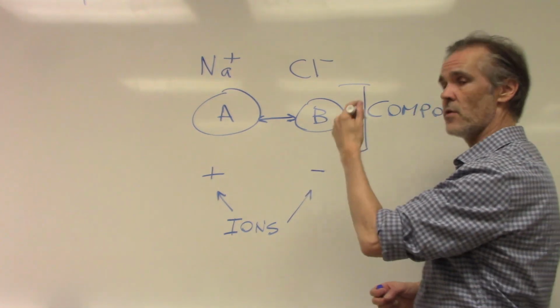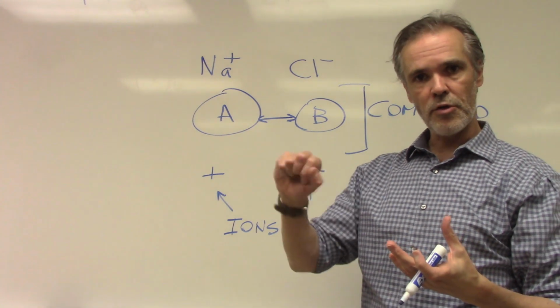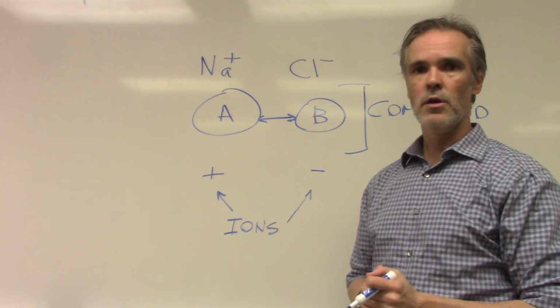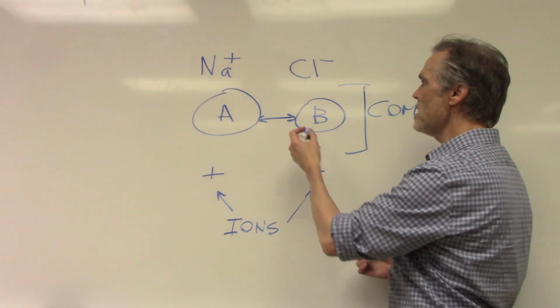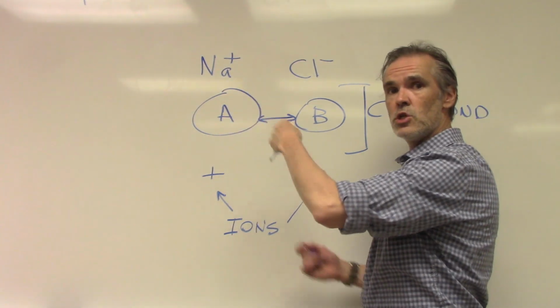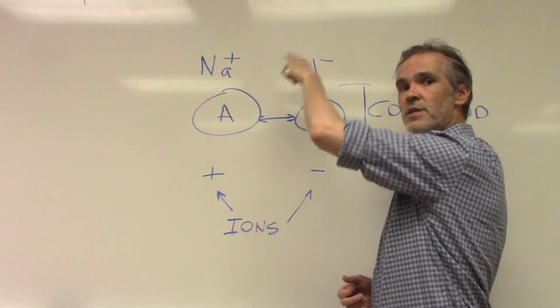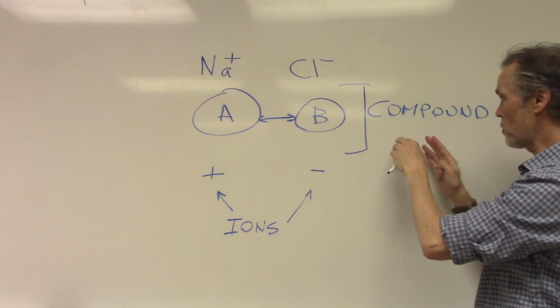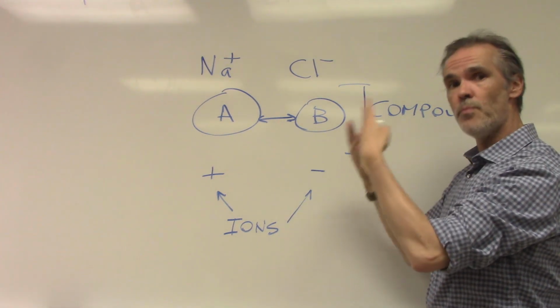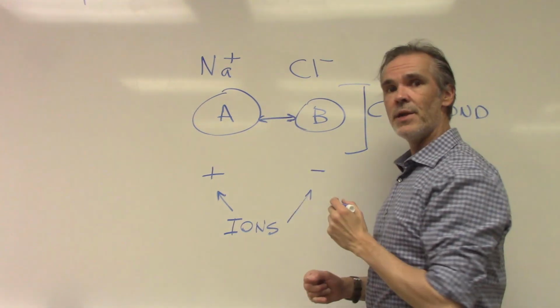So table salt is sodium chloride. When you put salt on anything, those crystals are made of two ions connected with one another. One is positive, the other is negative, and that compound that we call salt is possible because of an ionic bond.